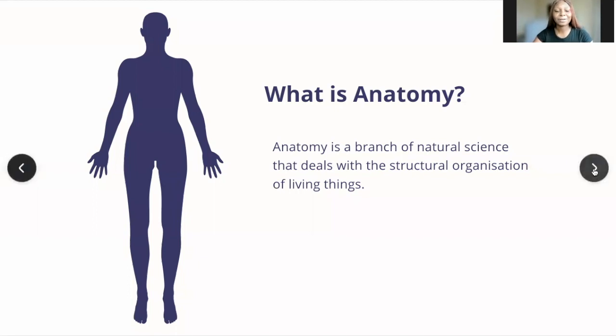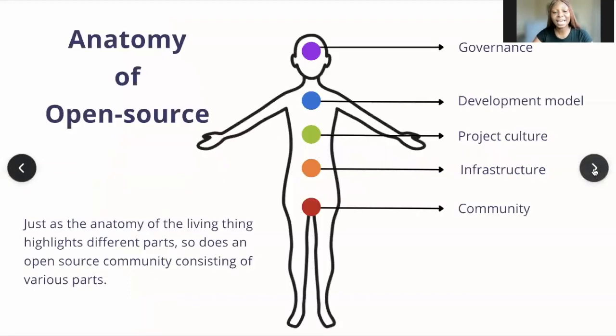And just like the anatomy of a living thing highlights different parts, so do open source communities consist of various parts, and this includes the governance, the development model, the project culture, infrastructure, and then down to the community, which is the backbone of all of this. And we cannot completely achieve this without diving in.